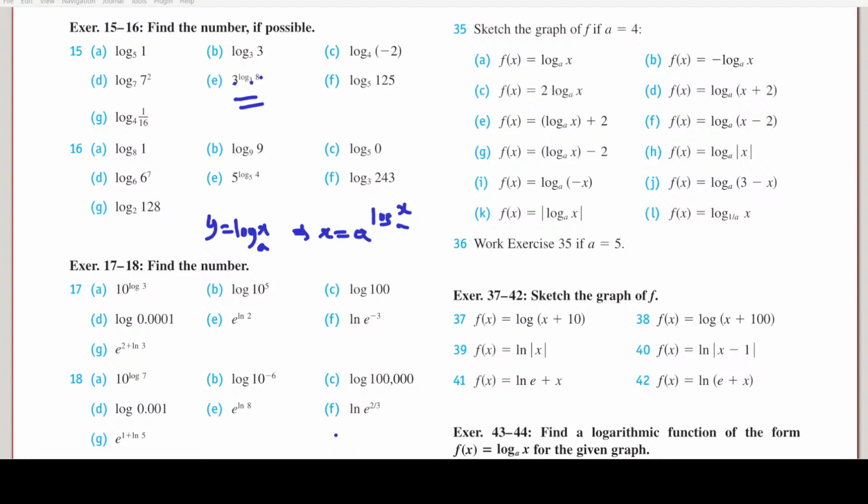Can you see? When x is 3, y is 8. When x is 8, y is 3. This is actually a mirror image with respect to this line. If there is a mirror here, then this and this are mirror images, right? They are looking like mirror images only, no?